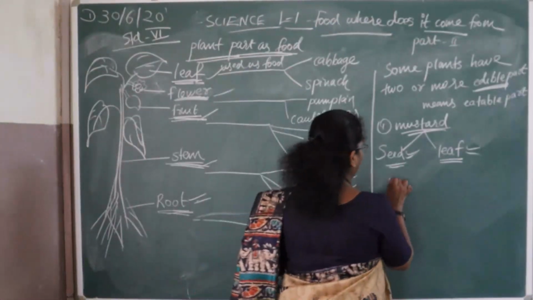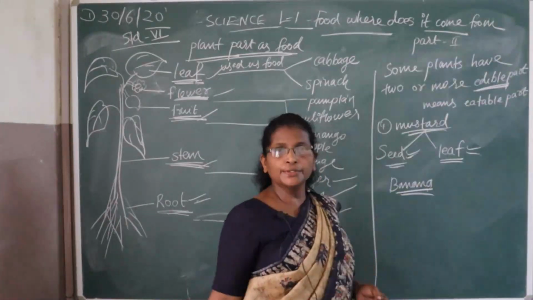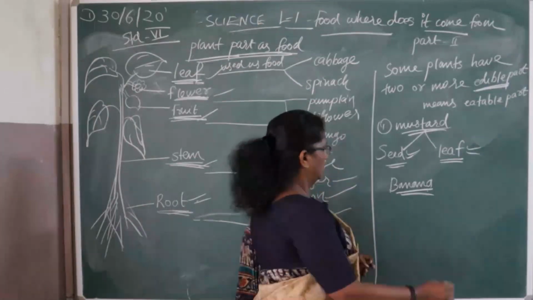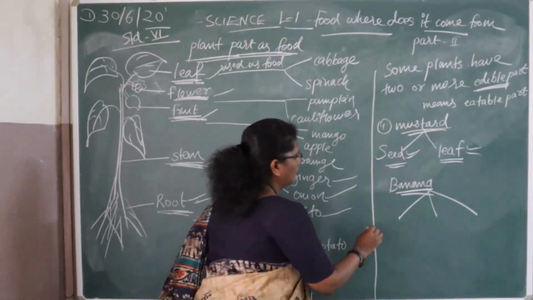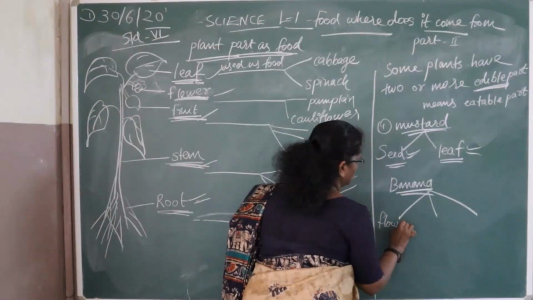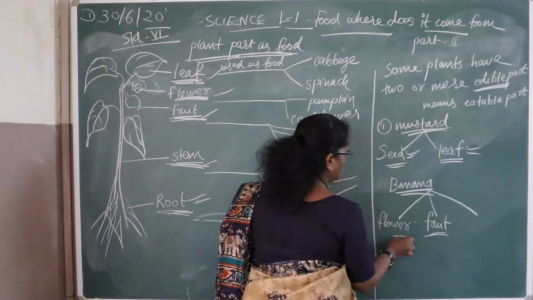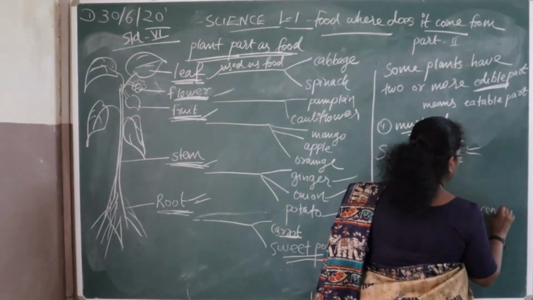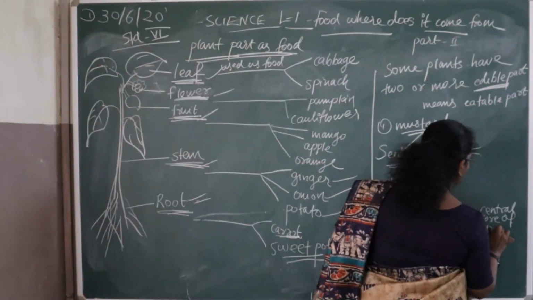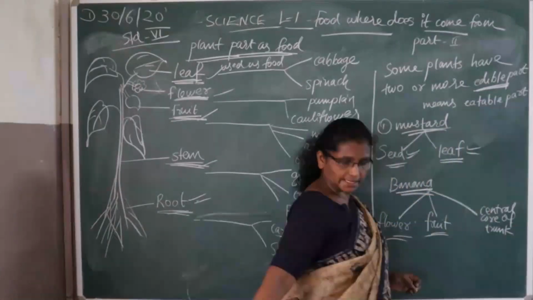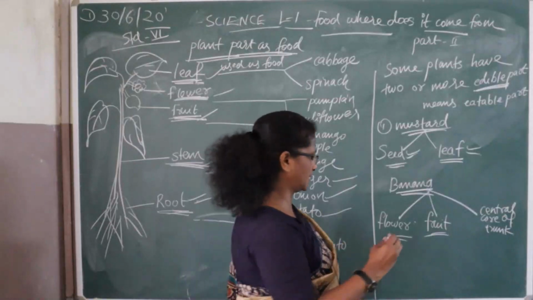In the banana plant, we use flower, fruit, and the central core of the trunk. Students, central core of trunk means the central part of the stem.